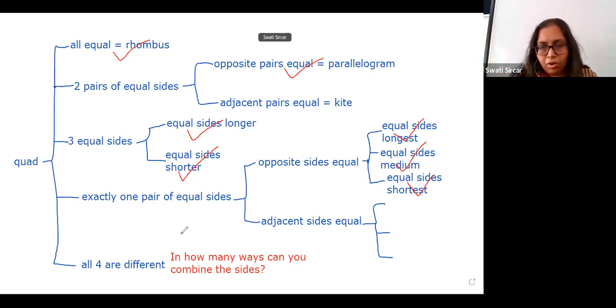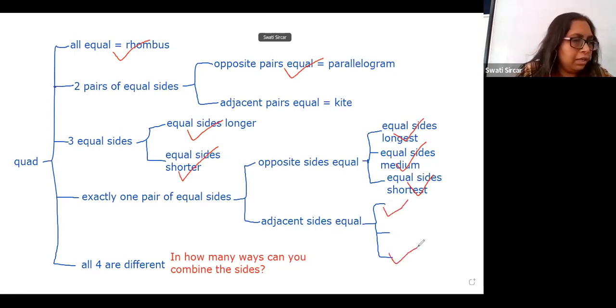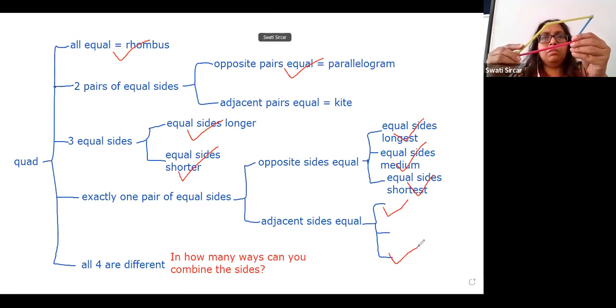So these two we got. In the case of the medium one also, I believe it can be done. So looks like it can be done. These are all good.